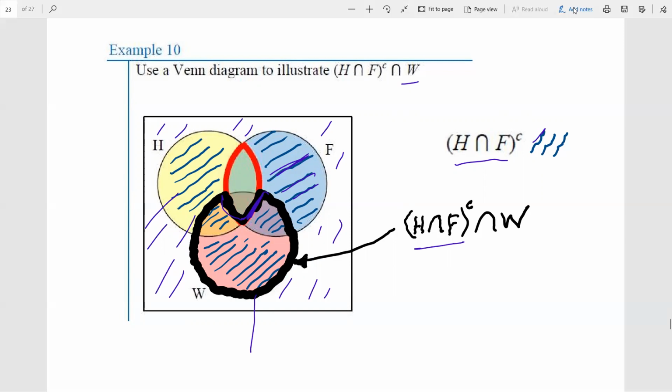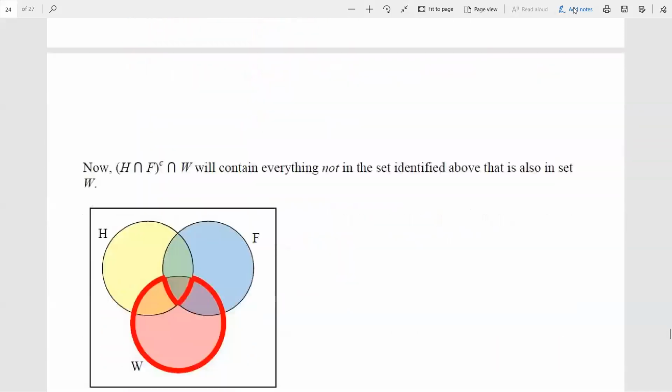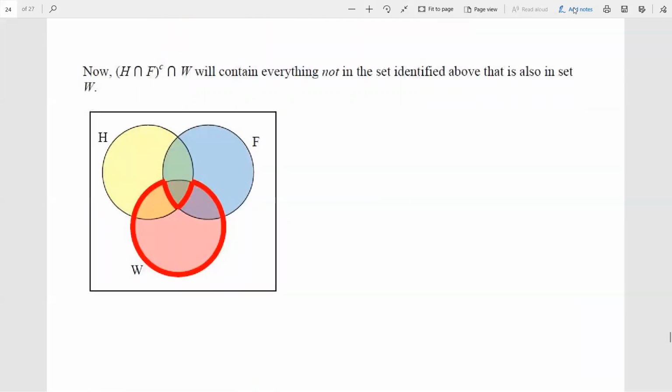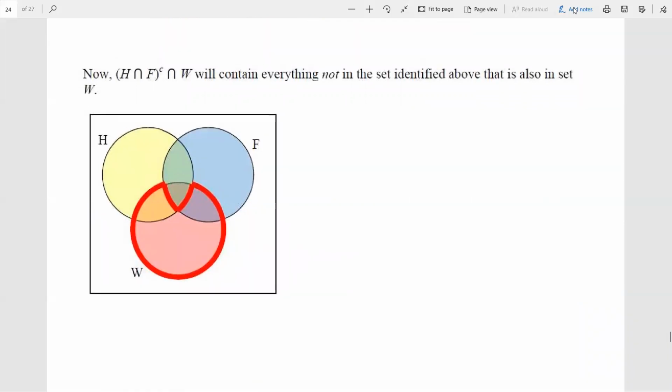That would be H intersected with F complement intersected with W. And in a nicer picture, I've got that outlined in red. So this red set here is H intersected with F complement intersected with W.